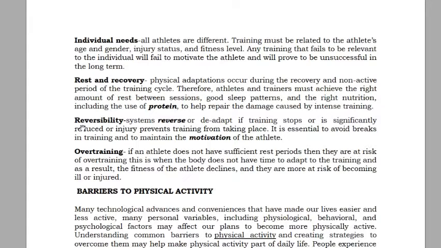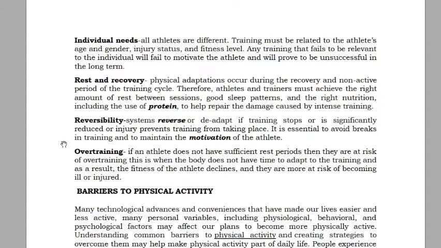So, rest and recovery is also important for the athletes and the trainers.